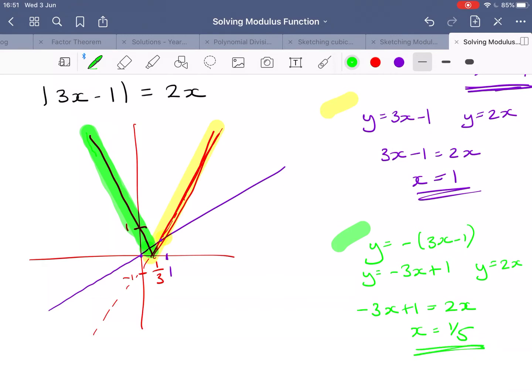And again, if I look where it is, it's to the left hand side of that third where it touches the x-axis. 1/5 is less than a third, so it looks like it's in the right place. So the solution to my equation, the modulus of 3x minus 1 equals 2x, is x equals 1 or x equals 1/5. Got two solutions.